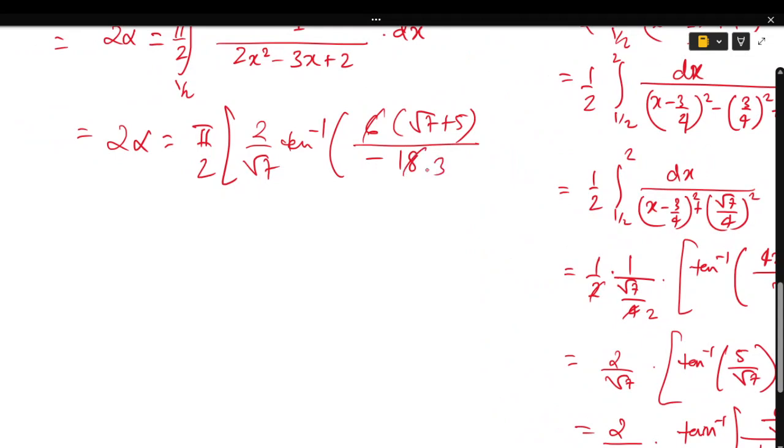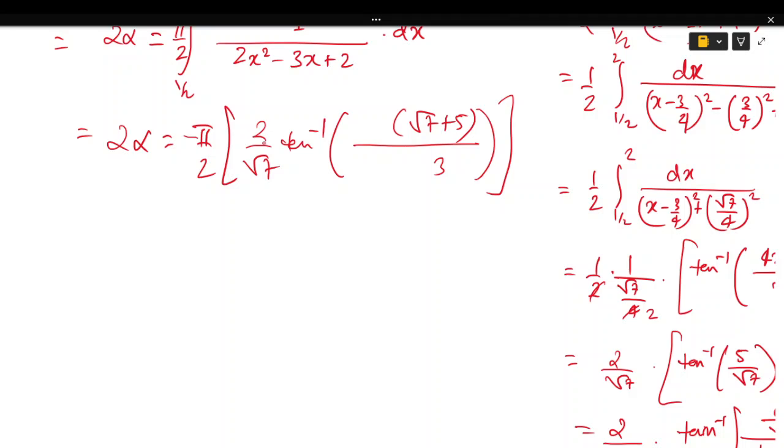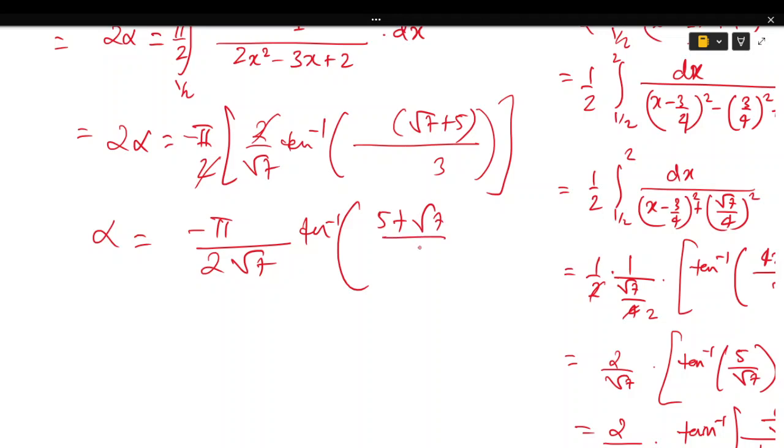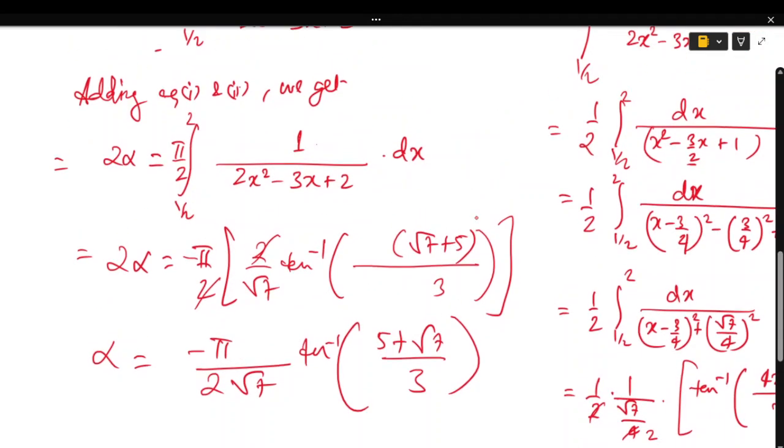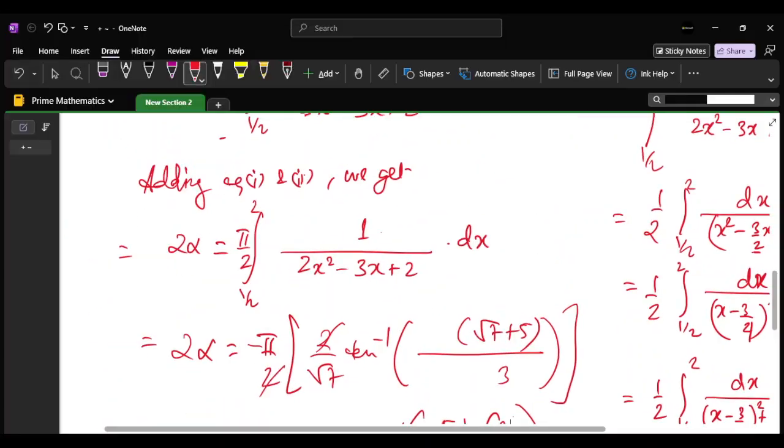So 6 3 is 18, minus sign can be taken outside this, right? So therefore we are left with this expression, right? So 2 cancels out, so the value of alpha comes out to be as minus pi by 2 root 7 tan inverse 5 plus root 7 by 3. Now one can simply evaluate this numerically.